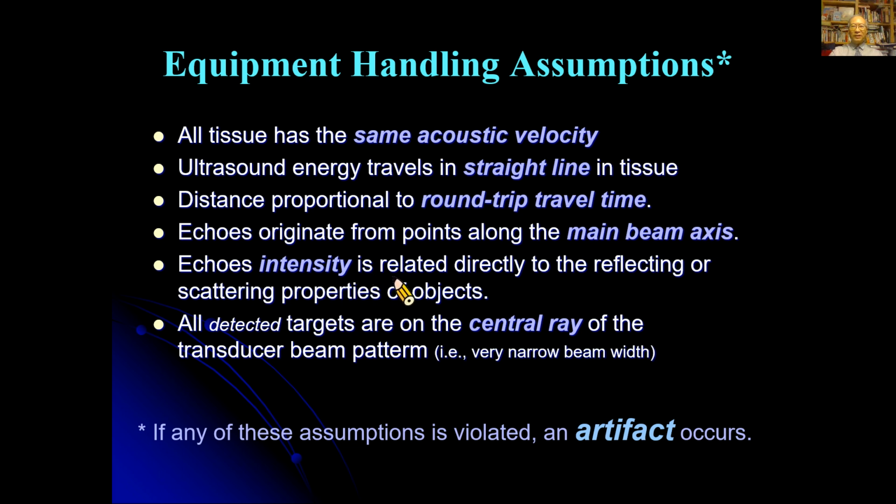Echo intensity is related directly to the reflection or scattering properties of the object, and all detected targets are on the central ray of the transducer beam pattern. So if any assumption is violated, an artifact occurs.